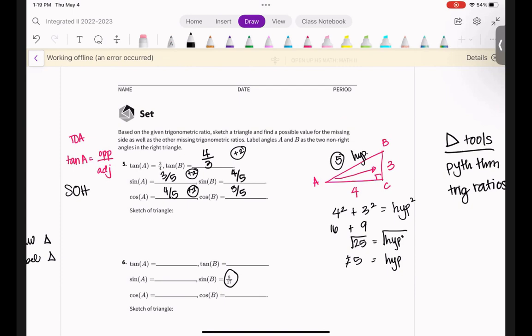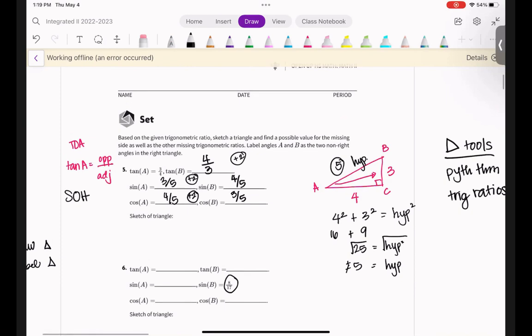The part that people mess up on is they say, I don't need to draw my triangle, I could do this work in my head. But because you're still learning how to do this, you should be drawing a picture. I almost expect it, because that's going to help you understand who's opposite, who's adjacent, who's hypotenuse, and so on.